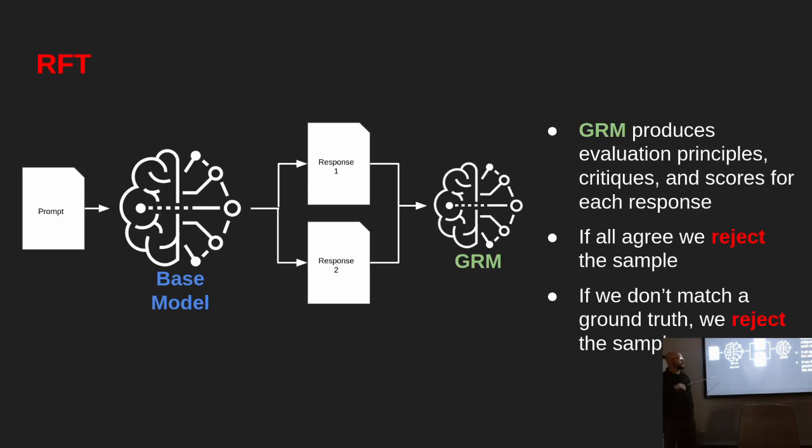Yeah. The critique, which is the analysis, and this is basically what it's scoring off of. Yeah. So if everything agrees, we reject it. If it doesn't match the ground truth close enough, we reject it. And the result is that you are training it on these good sets, and it learned how to duplicate those. Yeah, it's basically a way to stop instability or reward hacking on the model's part.